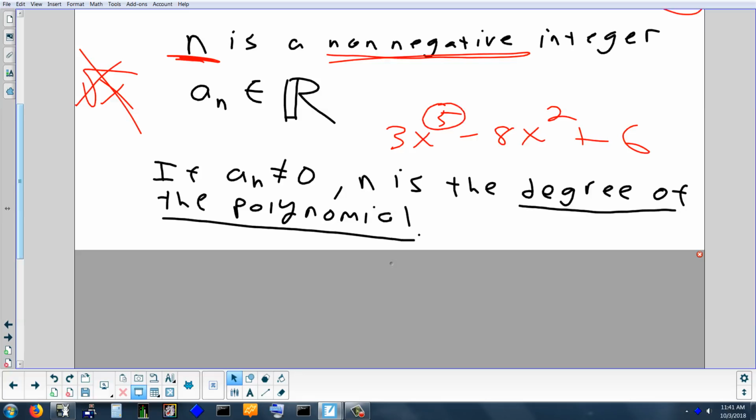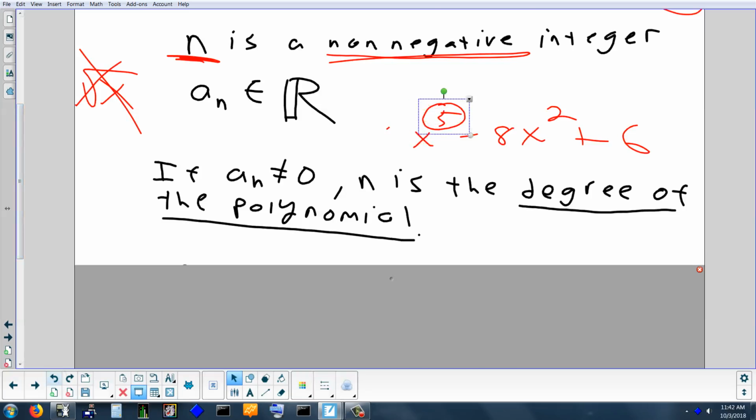Now I say as long as the coefficient isn't 0, because if you do this is kind of cheap. That's not a degree 5 polynomial. You might as well just erase this. That doesn't even exist. So now that's really a degree 2.